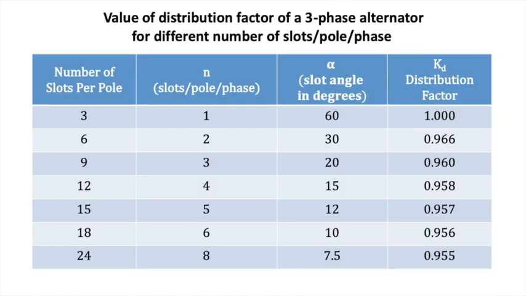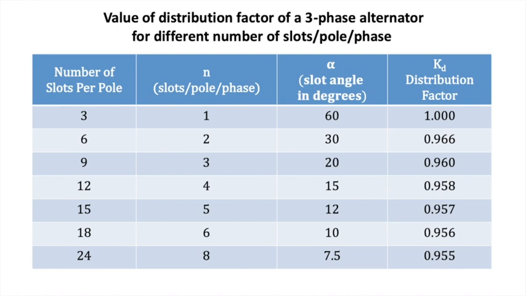Now just a brief idea of how the distribution factor varies with the slots per pole per phase. If the number of slots per pole is 3, 6, 9, 12, 15, 18 and 24, then for the slots per pole per phase you have to divide it by 3, because we are generating 3 phase voltages.